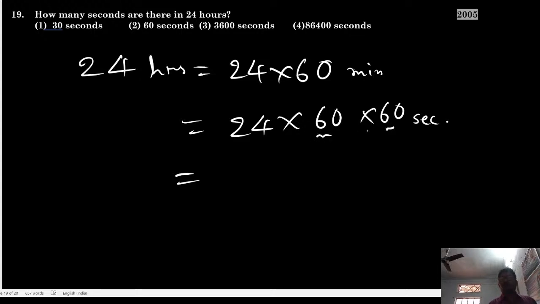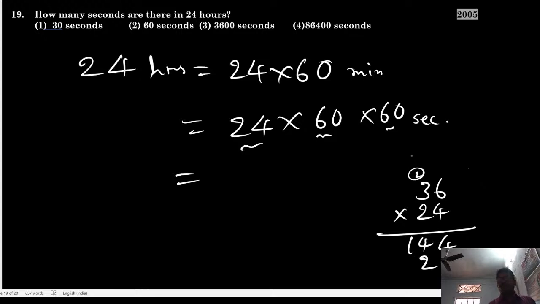Multiplying these numbers: 24 into 6 is 144, so we got 864.